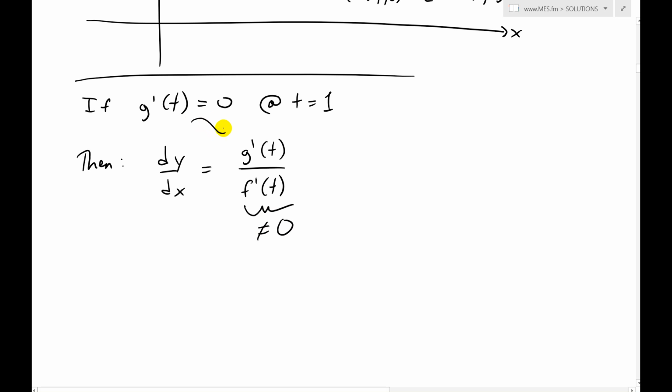So in this case, if we plug that in, we're going to get a 0 over f prime of t. So now what we end up having is, well, this equals 0 if f prime of t is not equal to 0.